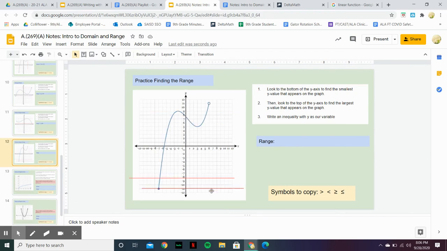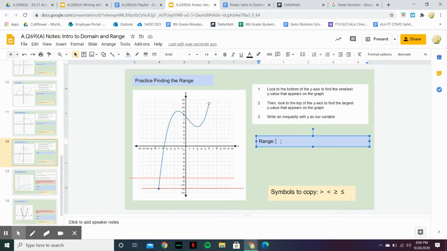And example number 3. Again, we start by looking at the bottom of our graph. Looks like this line is already there, and it is at -11. So our range begins at -11. -11 has a closed circle on it, so I know that y could be equal to -11.